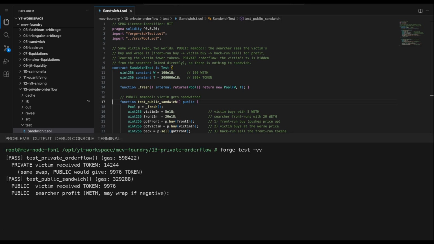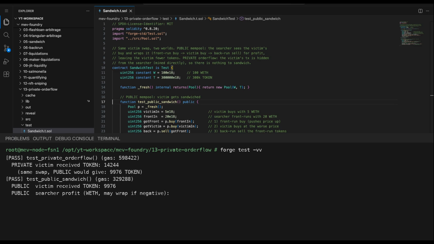In the public world, the victim, wrapped by the searcher's front run and back run, receives 9,976 tokens. In the private world, the exact same swap, mined alone, gives the victim 14,244. That's more than 4,000 tokens, roughly 30%, that the sandwich would have taken, simply kept, because the searcher never got to see the trade. Same swap, same pool, and the only difference is whether the bot could see it coming.